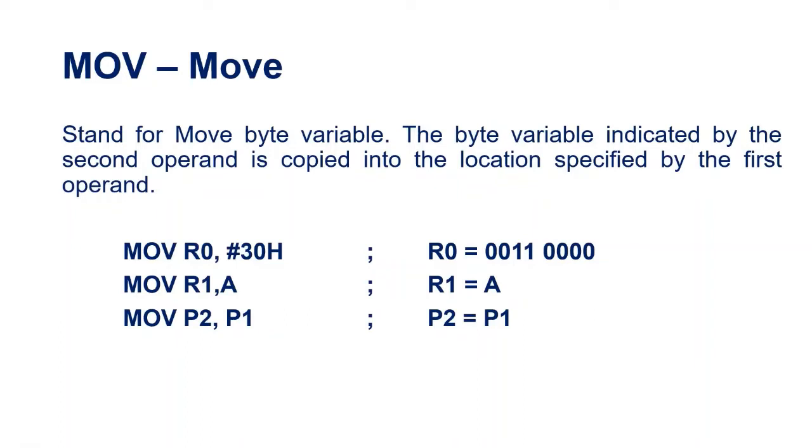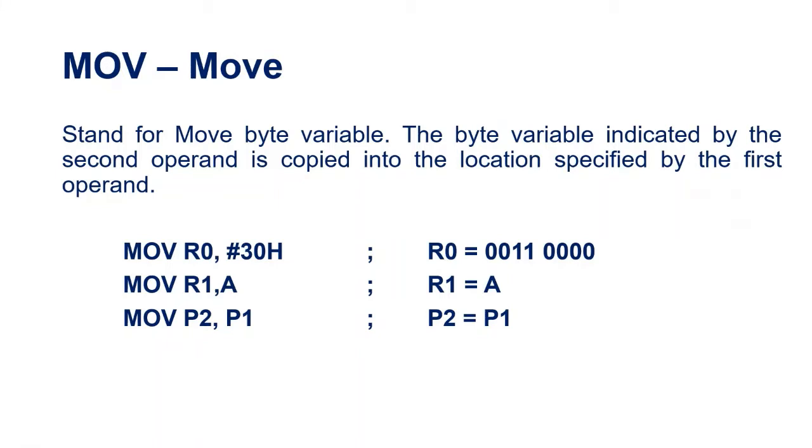Okay, ano nga ba itong move command na to? So, MOV stand for move byte variable. Pag sinabi natin move byte variable, we are going to copy a certain data from one location to another or from one register to another. Okay, so the byte variable indicated by the second operand is copied into the location specified by the first operand.